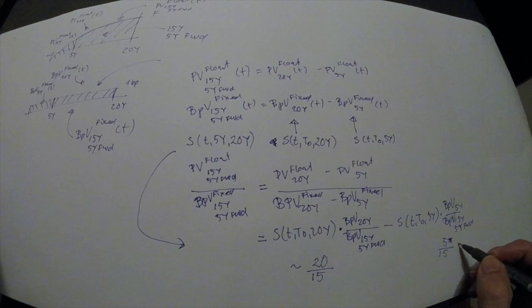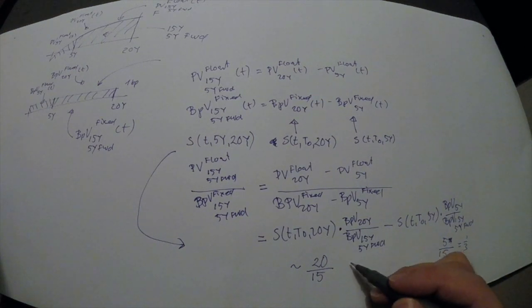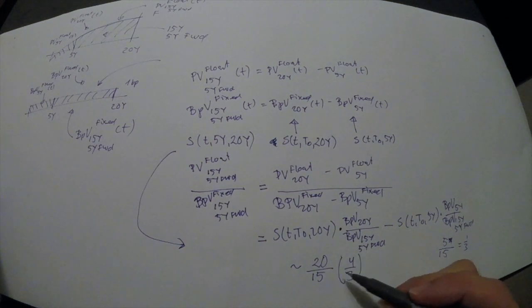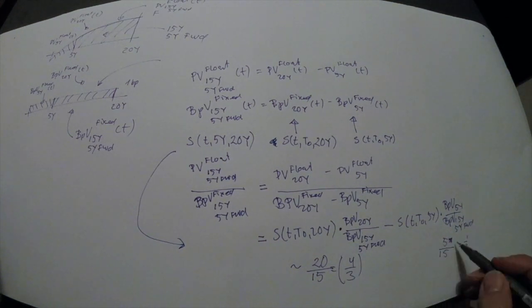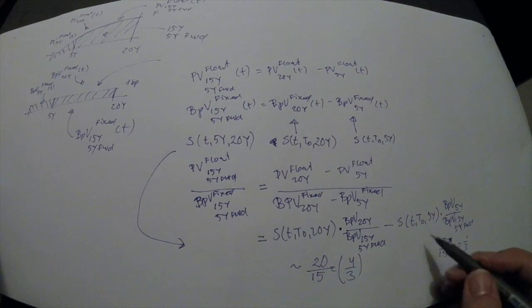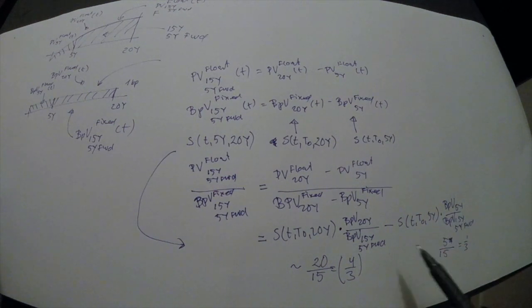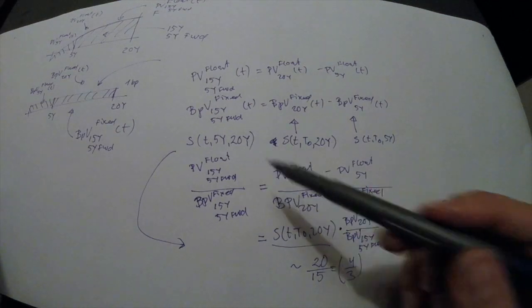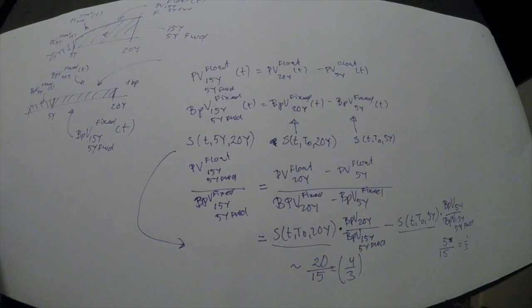So we could see that as 4/3 and 1/3. So we are in fact taking 4/3 of the 20-year swap and 1/3 of the 5-year swap and subtracting the two. So that now gives us a relationship between the two spot starting swap rates and the forward starting swap rate.